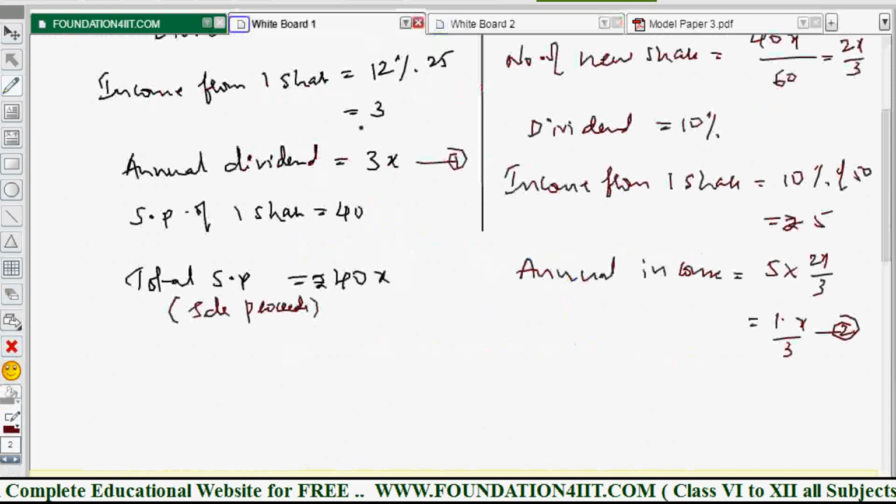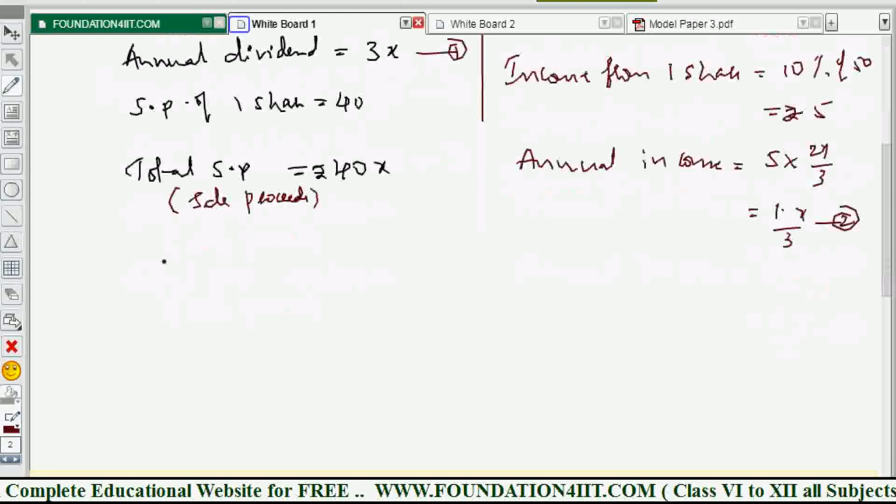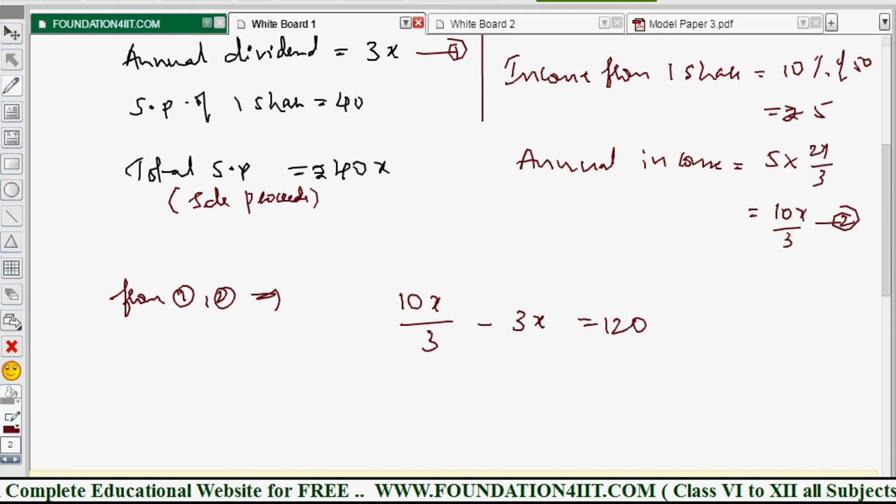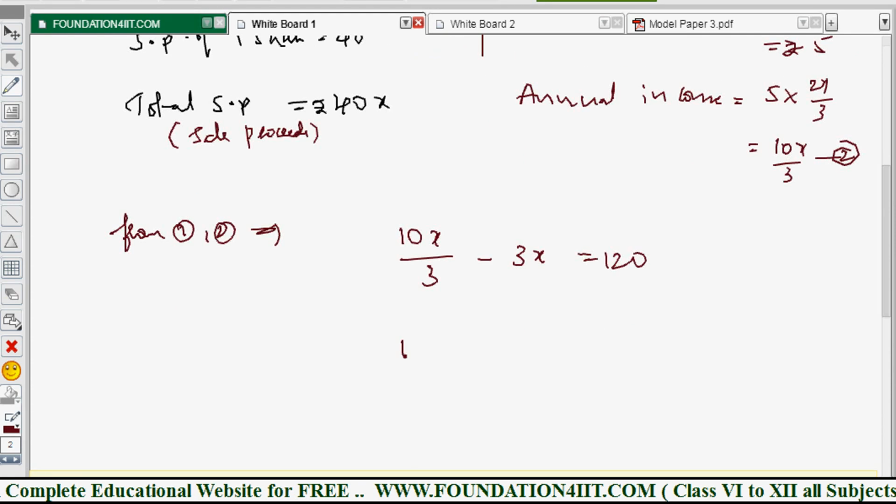Therefore, as per the question, from equations 1 and 2 and the given condition you can write 10x by 3 minus 3x, new minus previous, equals 120 because the income is increased by 120. So 10x minus 9x by 3 is equal to 120.